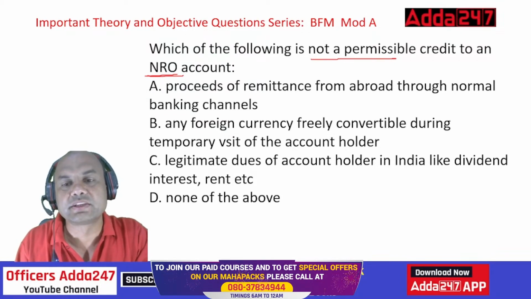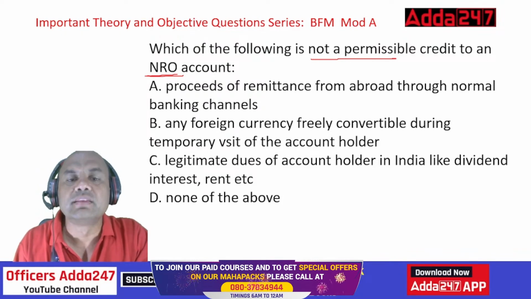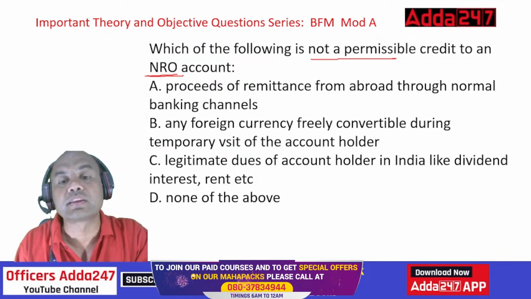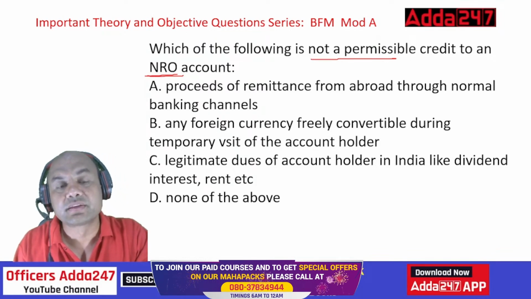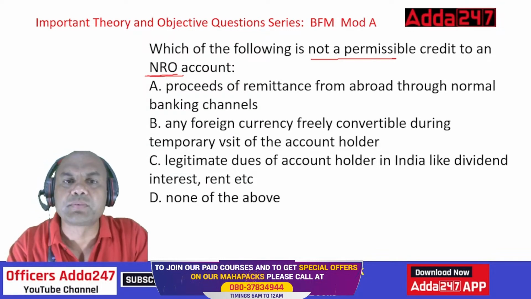Option A: proceeds of the remittance from abroad through a normal banking channel. What is the problem? Let's see. Option B: any foreign currency freely convertible during a temporary visit to the account of the account holder. Suppose I am an NRI, I stay in the US, and I've come to India.